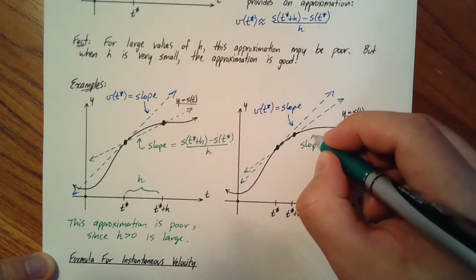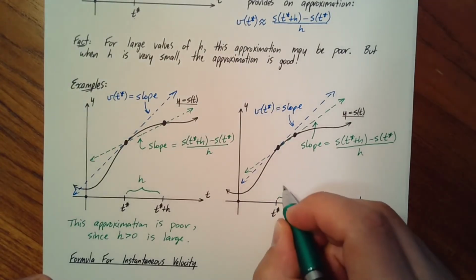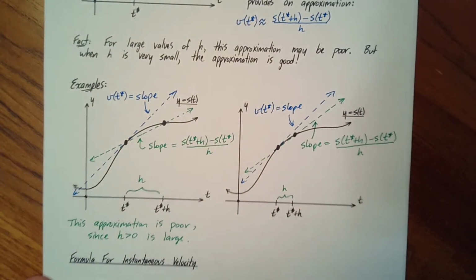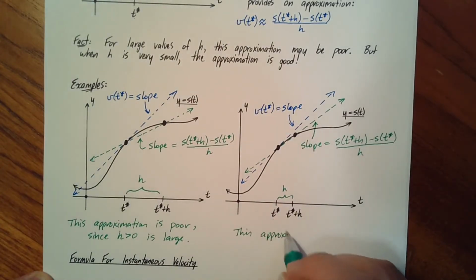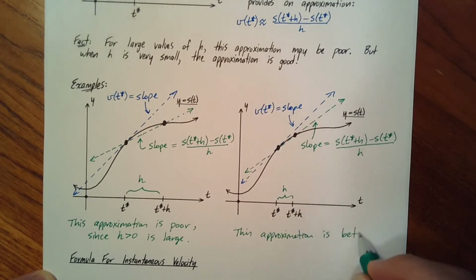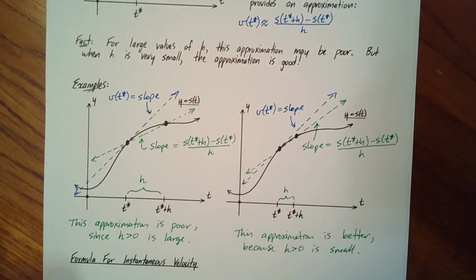So that's the slope of the green line. Okay, and this one, we had our h value, which was just the distance between those two endpoints. This approximation is better because h is small. And now just remind ourselves that h is a positive number, in this case small.